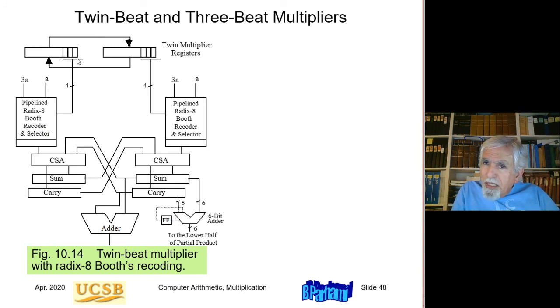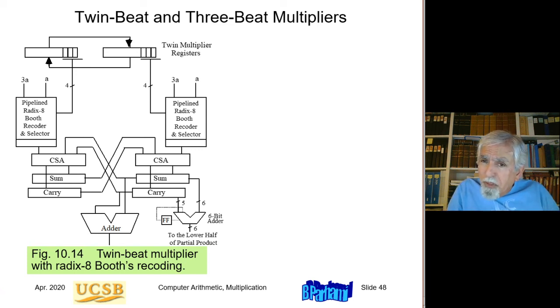So I take 3 bits of the operand and 1 bit of context, not shown here, and decide what multiple of the multiplicand should be added. And in radix 8, the multiples are -4, -3, -2, -1, 0, 1, 2, 3, 4. So the multiples go from -4 to +4.